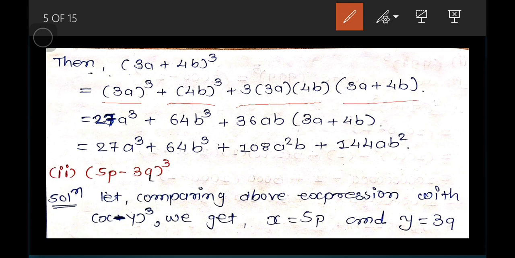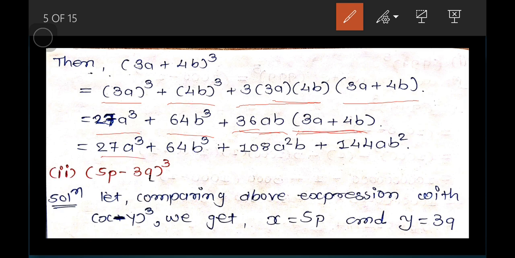Now we multiply this product. (3a) cube is 27a cube, (4b) cube is 64b cube, 3 into 3 is 9, 9 into 4 is 36, and ab, and (3a + 4b). Now we multiply 36ab after opening this bracket.